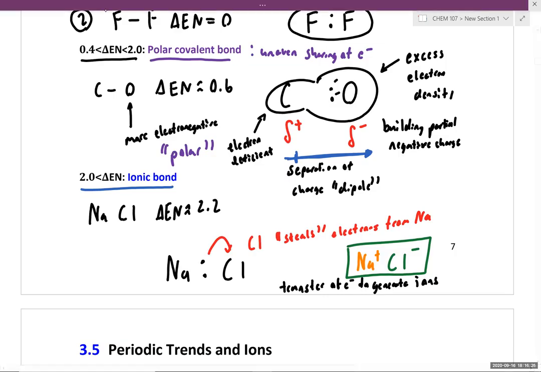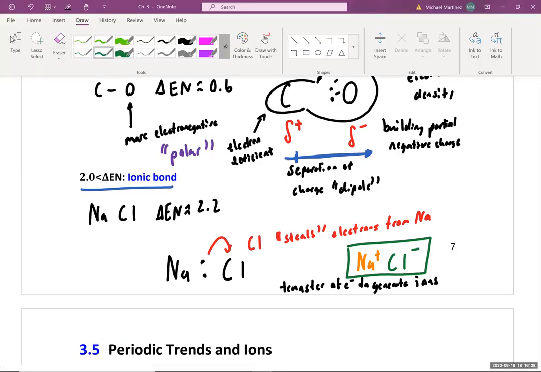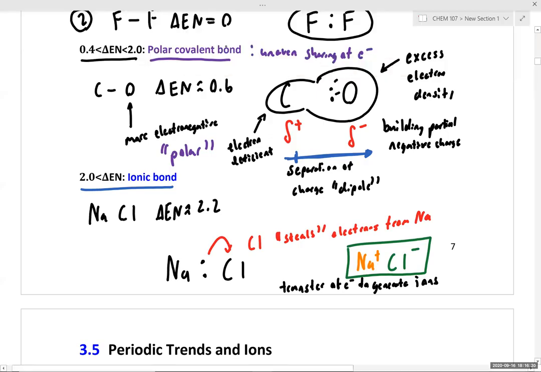Does that make sense? Any questions on these three different types of bonding?